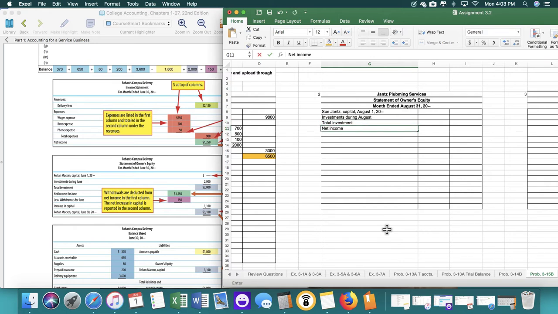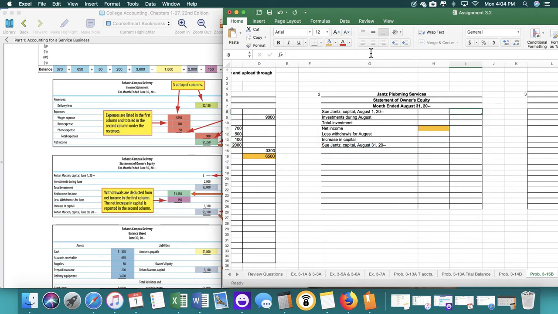Net income, which is where we enter in the amount previously. Less withdrawals for August. Increase in capital. And then we have our owner's equity at the end of the month.